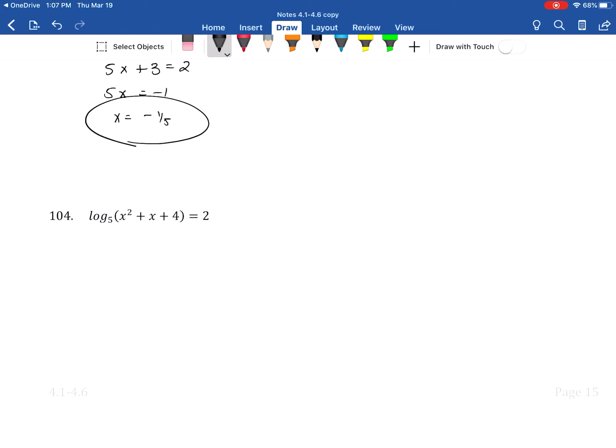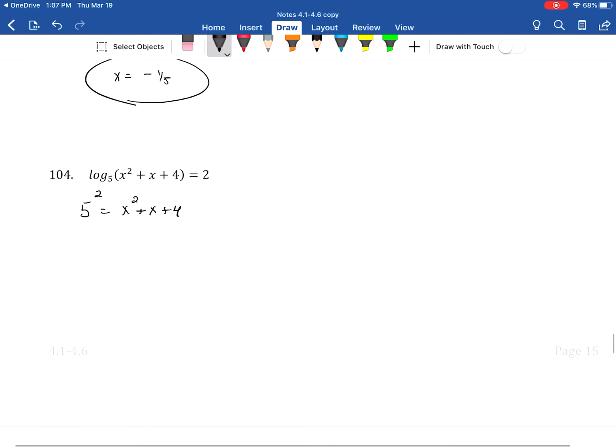Next example, same process. Write this log form as an exponential form. So base 5 to the second power equals x squared plus x plus 4. Solve for x, get everything on the same side. x squared plus x plus 4 minus 25 equals 0. So x squared plus x minus 21 equals 0. And factor, what is that?